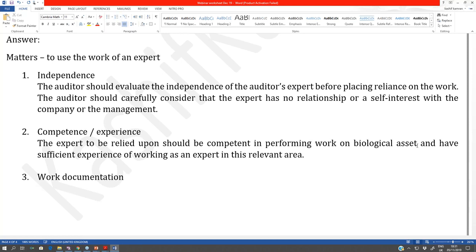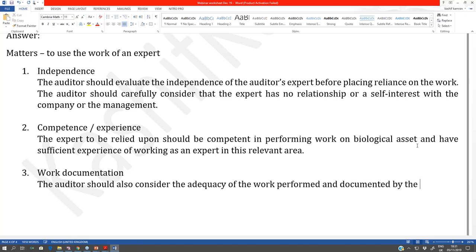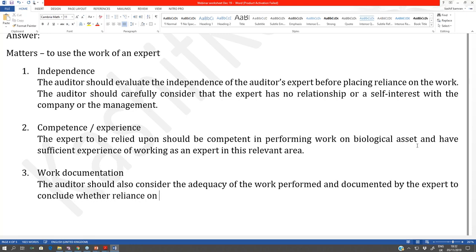The last one, work documentation. The auditor should also consider the adequacy of the work performed and documented by the expert to conclude whether reliance on the work can be placed or not.